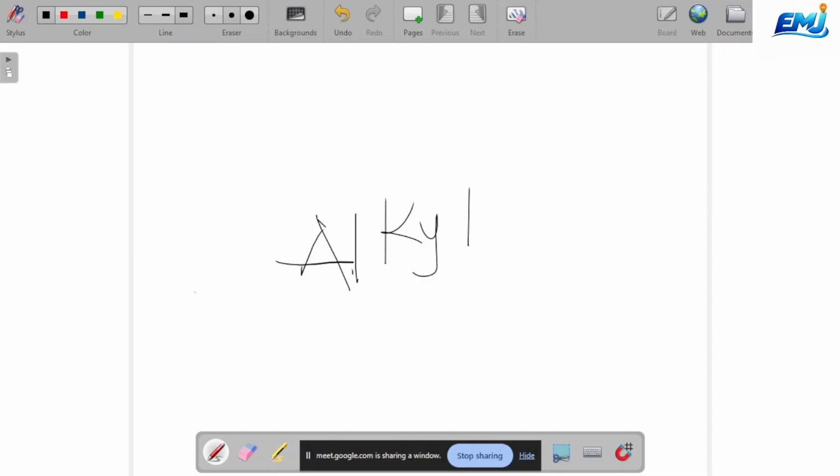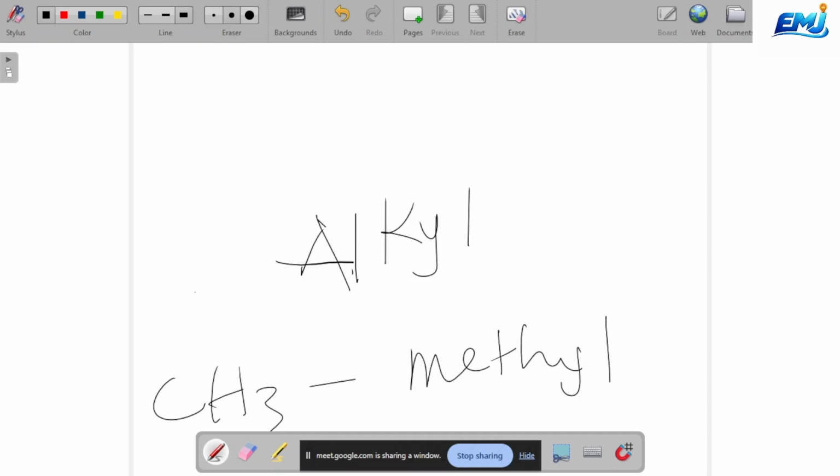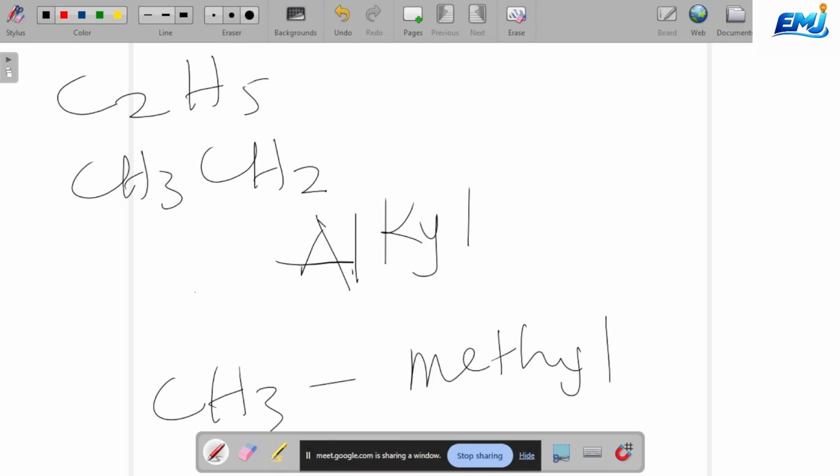So these are CH3, for instance. You can see my CH3? Yes, sir. It is called methyl. If it's C2H5, which can also be written as CH3CH2, CH3CH2 is the same thing as C2H5.